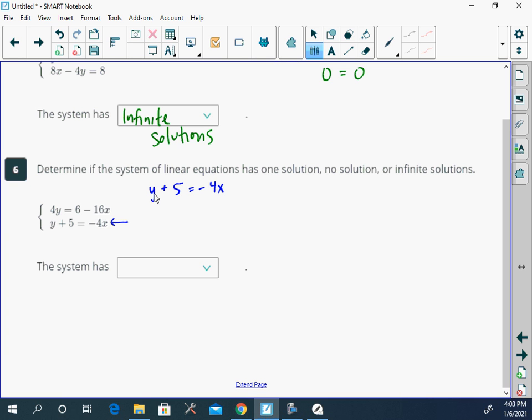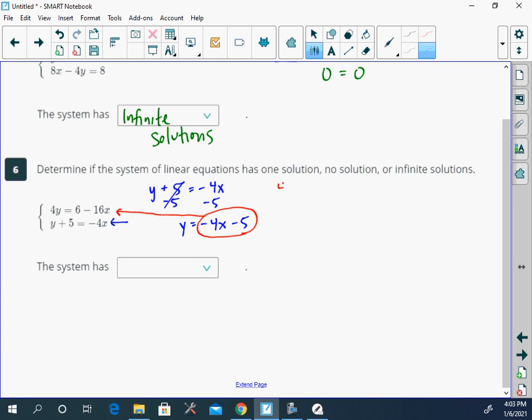And to get the y all by itself, I would subtract 5 from both sides. So I just get y equals negative 4x minus 5. And because I took that from the bottom equation, you want to plug into the opposite equation. So I'm going to plug into the top equation. And you want to plug in for the y.